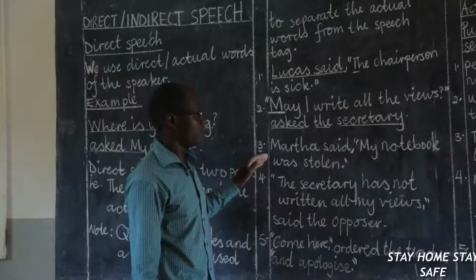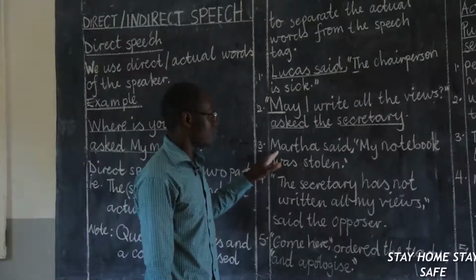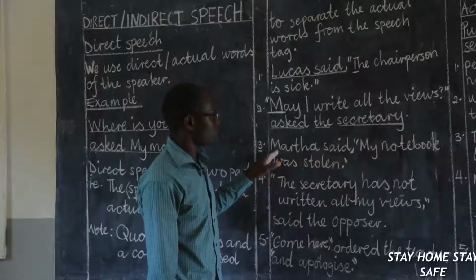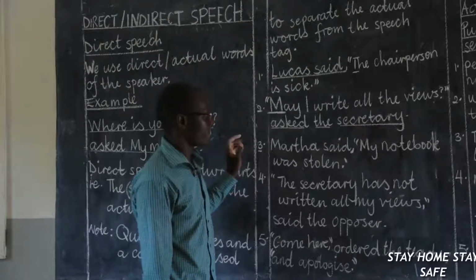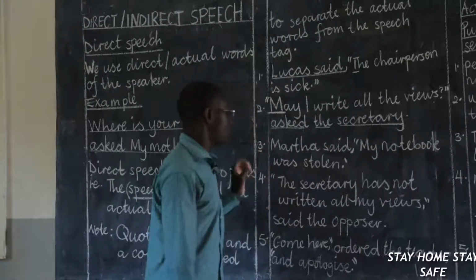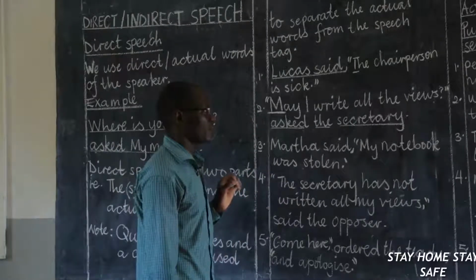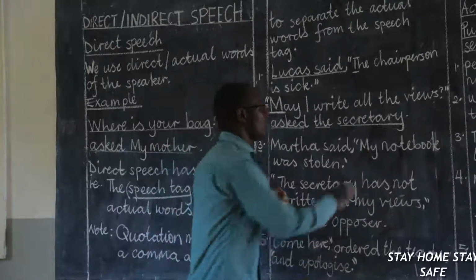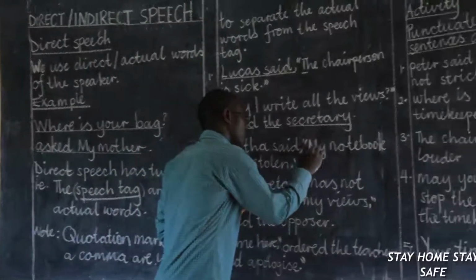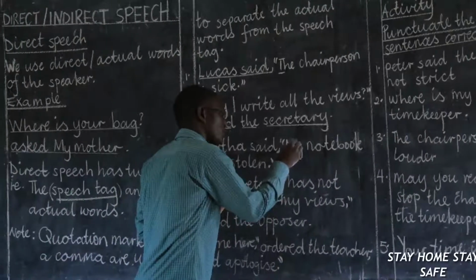Can you help me and we read through what Martha said? Yes. My notebook was stolen. My notebook was stolen. These are Martha's words. She's the one who said so.